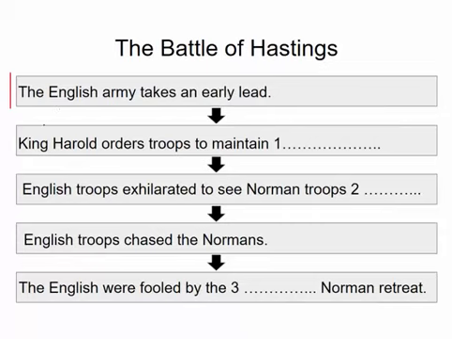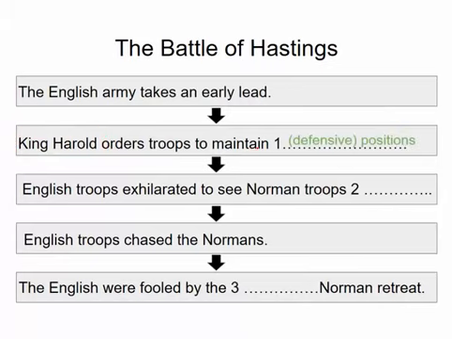All right, and then the next step here, we've got King Harold. So what happened with King Harold? Well, we have a paraphrase of what you find in the text. He orders his troops. He demands that they maintain. To maintain. What does that mean? Well, that's a key word in this particular step in the flowchart because it corresponds with the sentence that gives you the answer.